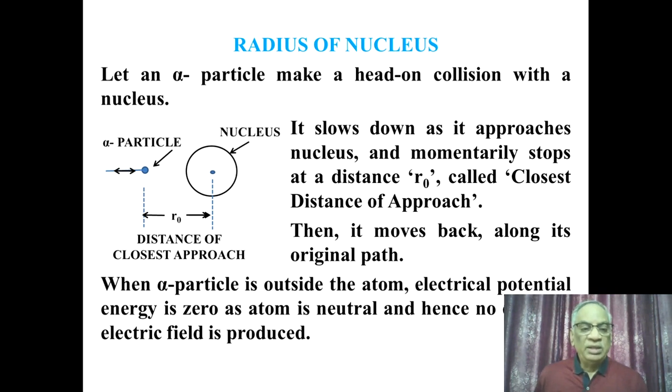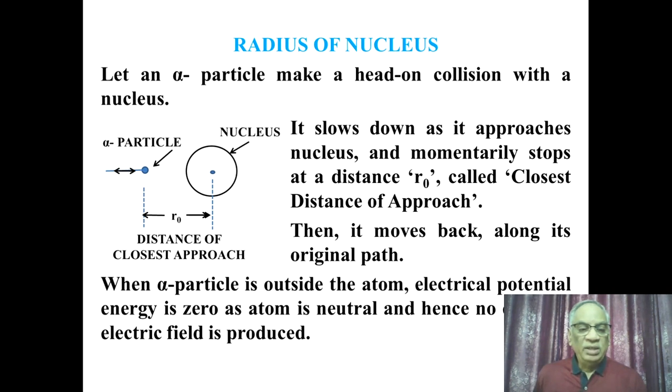As it comes close to the nucleus, at a particular distance known as the distance of closest approach, the alpha particle slows down and momentarily stops at a distance r0. That is the closest distance of approach. Later, it moves back along its original path.